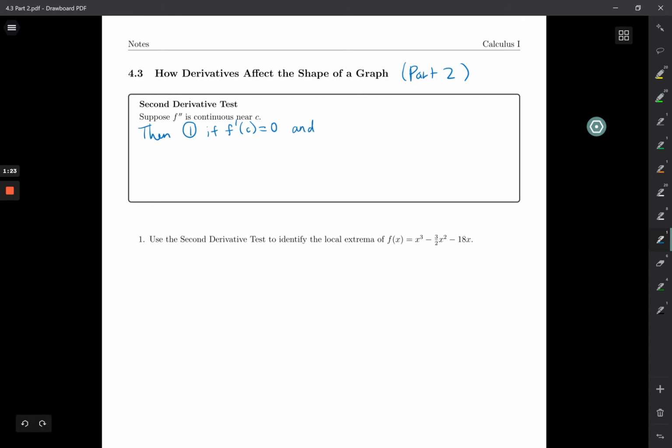What it says is that if the derivative is 0 and the second derivative at c is greater than 0, then we get a local min.